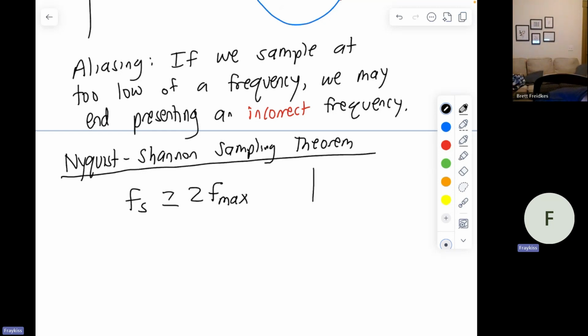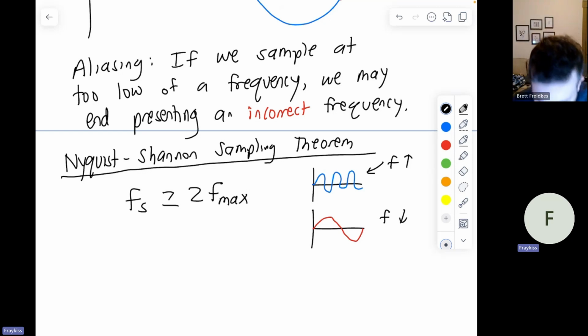So if I have a signal that's composed of one wave like this, and then another wave that looks like this, whose frequency is higher than this one, I need to ensure that I'm sampling at least twice as fast compared to the frequency of the highest signal present.